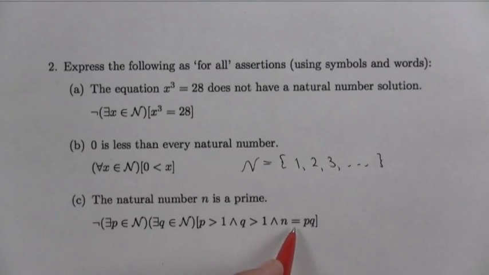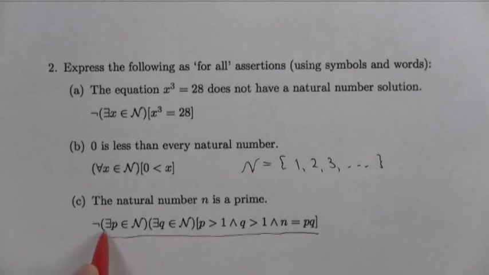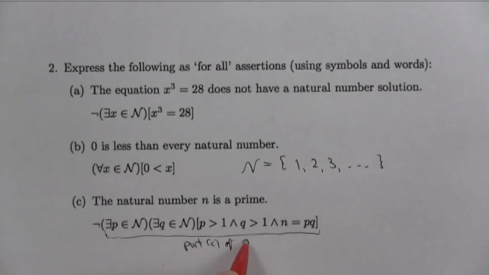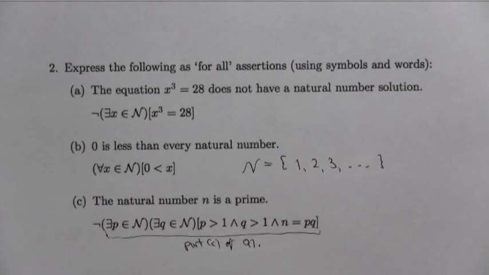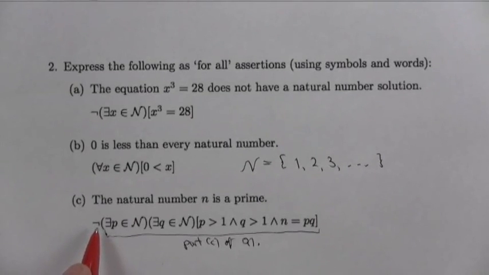This is the negation of part C of the question we just looked at, question 1, right? And so in this case we simply have a negation in front of what we had before. This is what we had in part C of question 1. And we just put a negation in front to get primality.